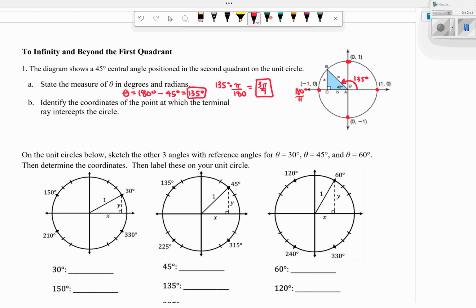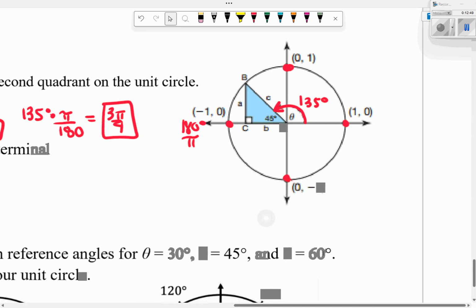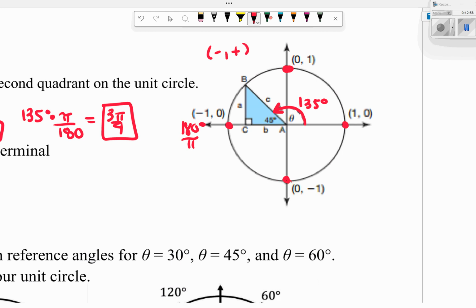It says identify the coordinates of the point at which the terminal side ray intercepts the circle. So if we're looking at our graph here, you have to remember that in quadrant 2, x is negative, right? So we have a negative x and a positive y. So let's think about our 45, 45, 90 triangle. Remember this has a hypotenuse of length 1, and the legs are root 2 over 2 and root 2 over 2.